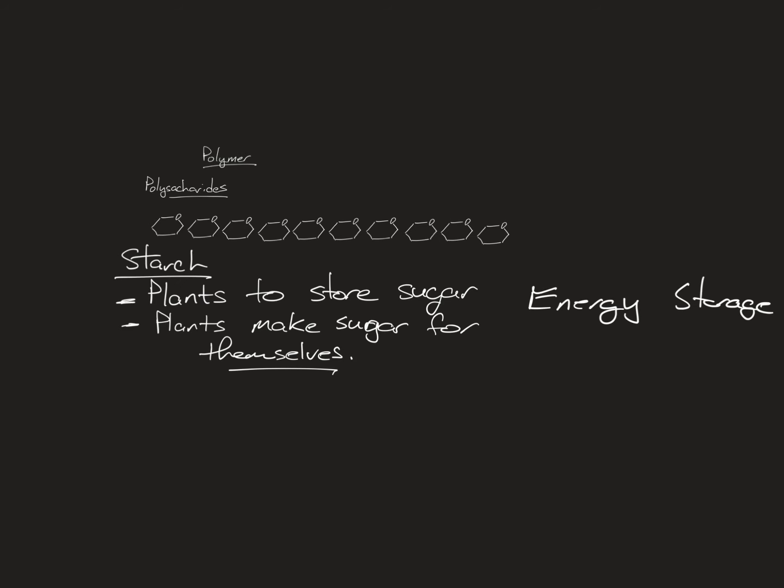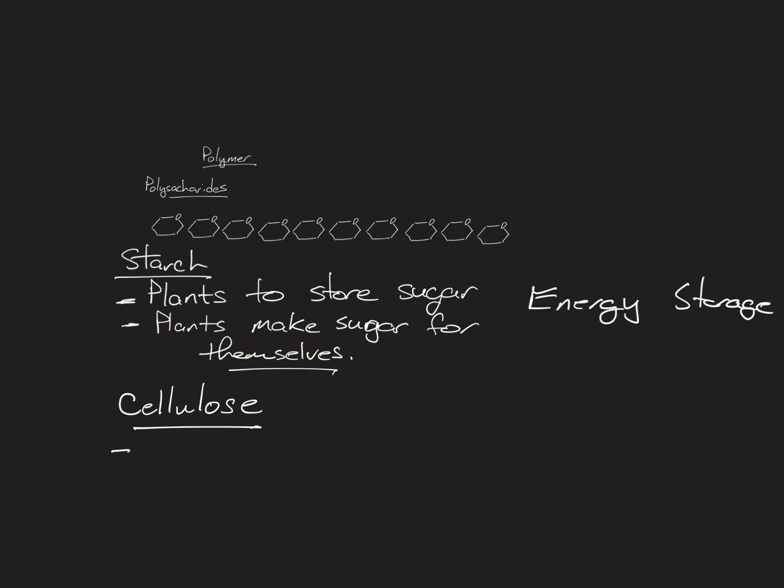There's another type of polymer or polysaccharide known as cellulose. That's very branched, and the difference is that cellulose and starch have different linkages. They have different ways of combining the monomers. And because of that, you cannot digest cellulose.